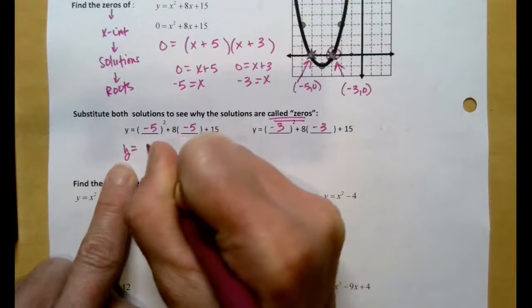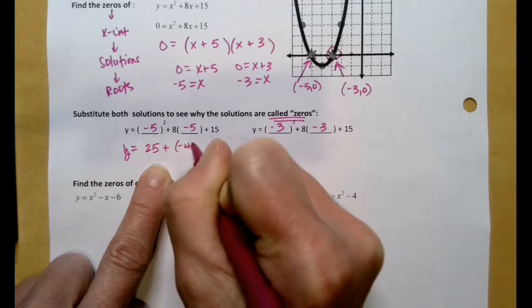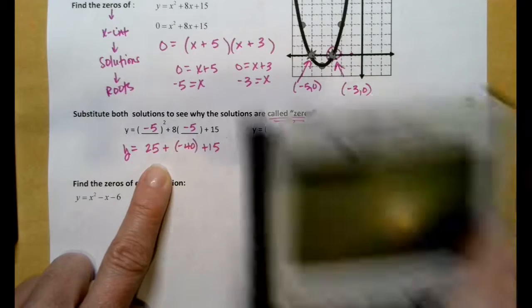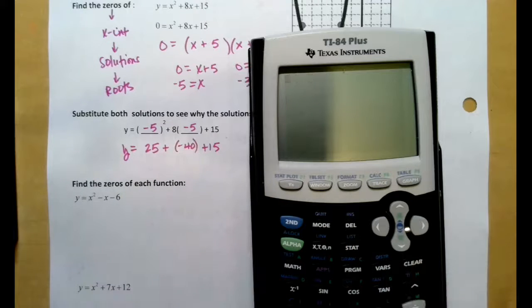Our output is equal to 25 plus, that's -40 plus 15. So we can go ahead and grab our calculator and we can say, okay, 25 plus -40 plus 15.